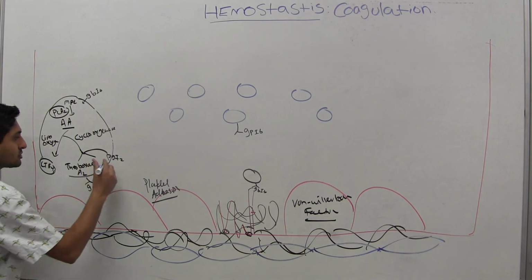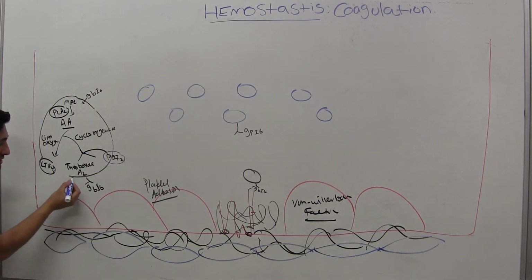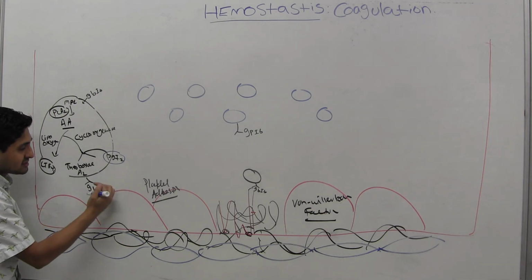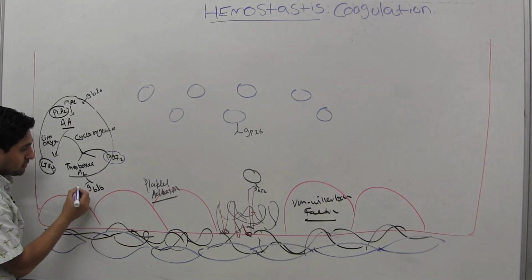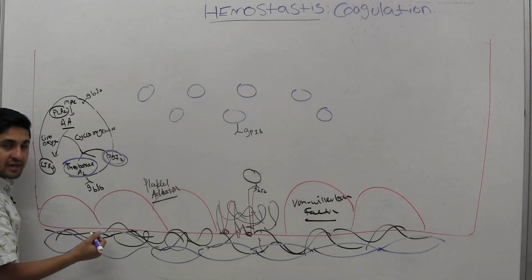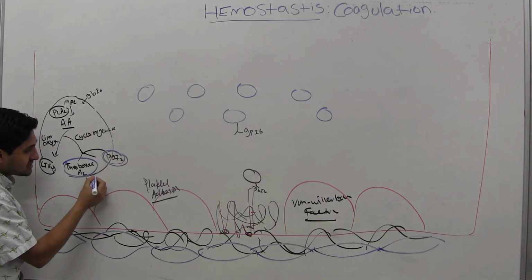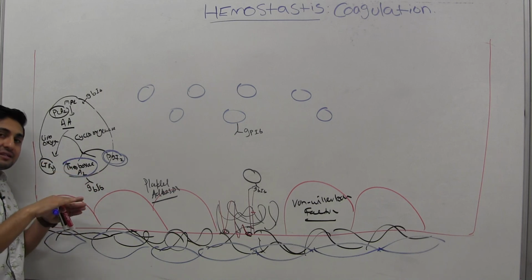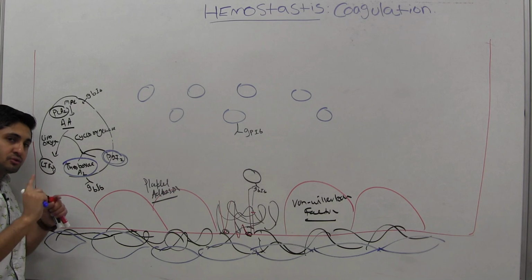And then prostacyclins are also formed. Every single day in your life, there's some amount of thromboxane and prostacyclins floating in your blood. These balance each other out, and that helps circulate your blood in liquid form.